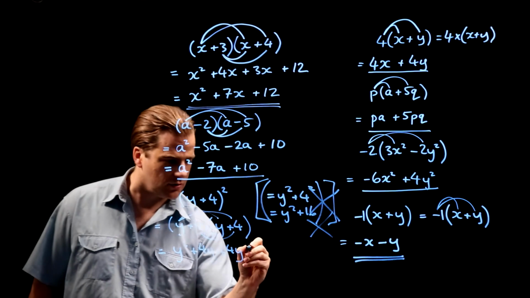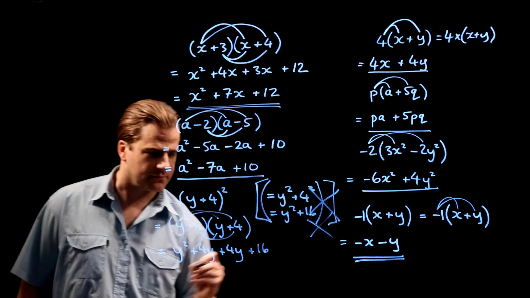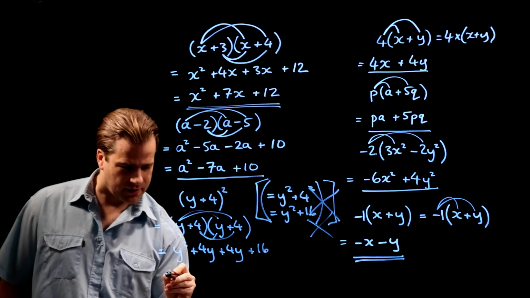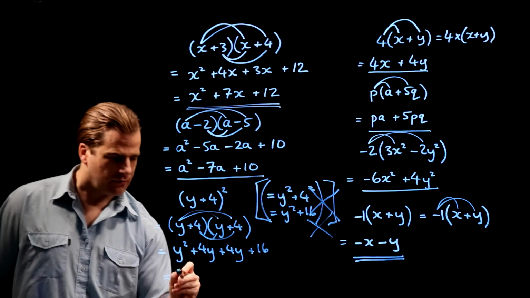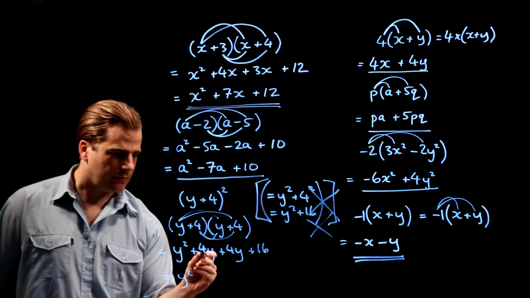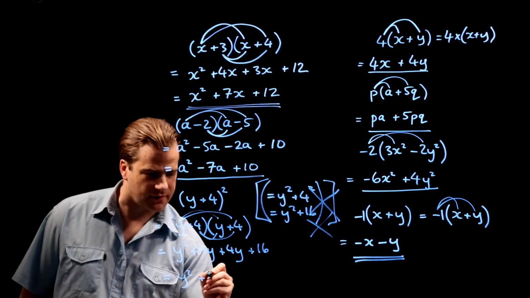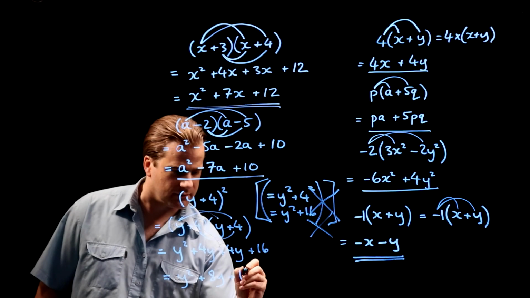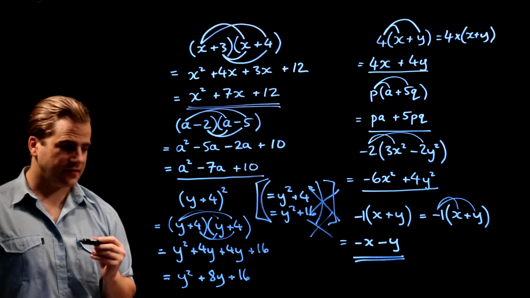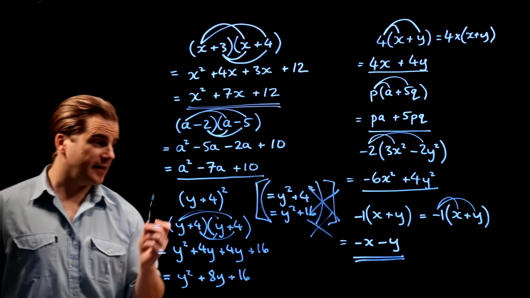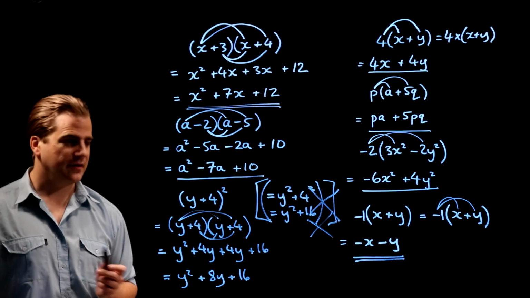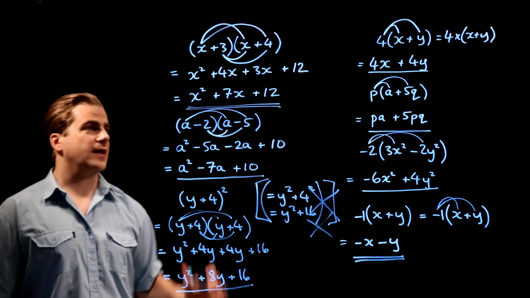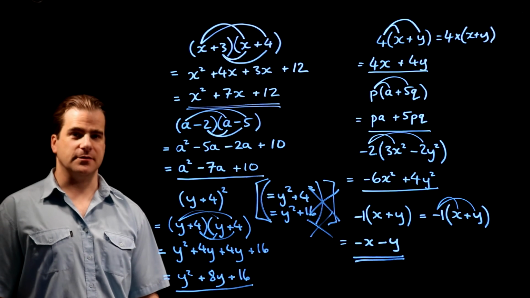And 4 times 4 is 16. Okay? And that becomes y squared plus 4y is plus 8y. Then plus 16 on the end. As you can see, y squared plus 8y plus 16 is not the same as y squared plus 16. So don't fall into that trap. And there you go. That is how you do bracket multiplication in algebra.